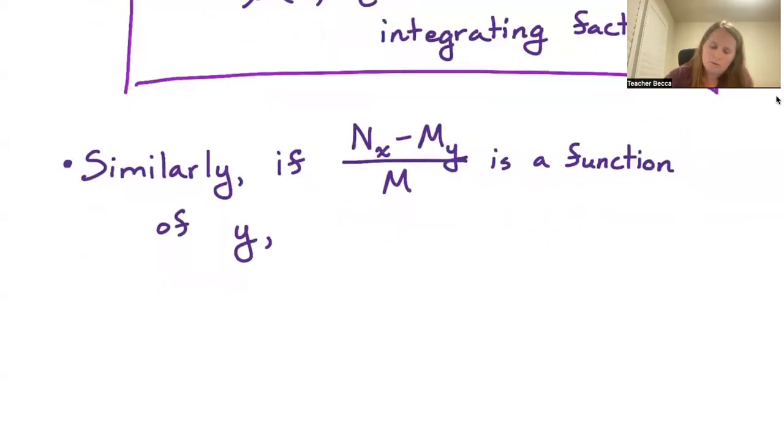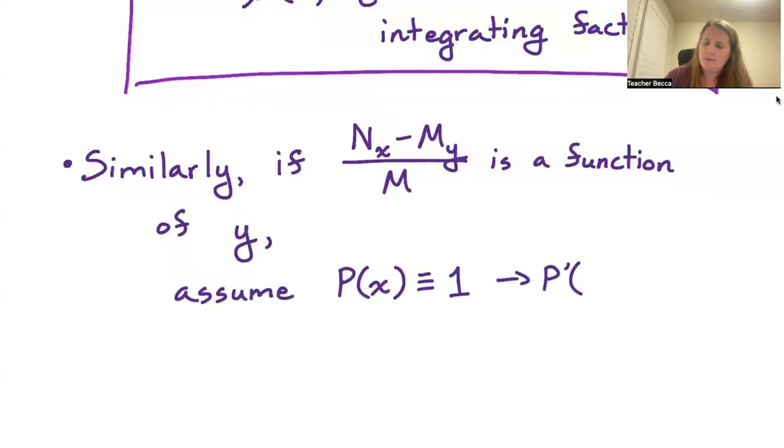Then let's assume that p of x is identically 1, and therefore p prime of x is identically 0.